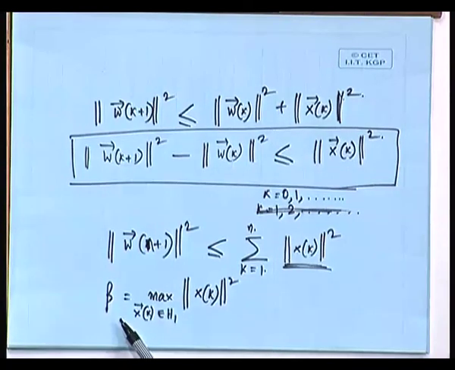Then naturally x1 square is going to be less than or equal to beta, x2 square less than or equal to beta, like every xk square is going to be less than or equal to beta. So in effect, what is the bound that we are getting on w n plus 1 square? Less than or equal to n beta, yes.